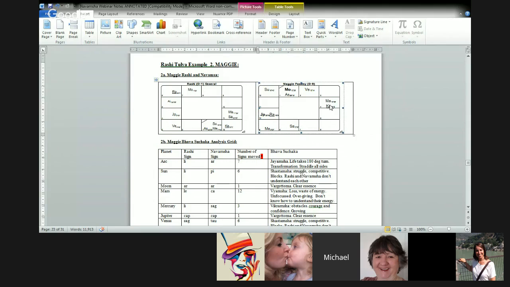What can we say of Mercury? Well, Mercury moves 3, 1, 2, 3. There it is. And so the third house is all about obstacles, but overcoming them, courage and confidence. So obstacles to communication.